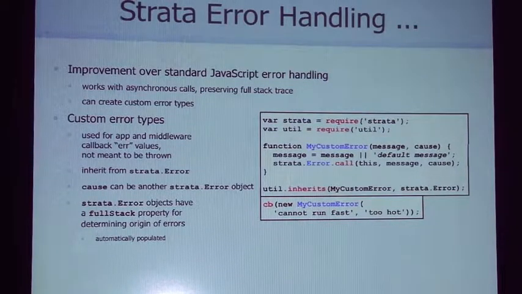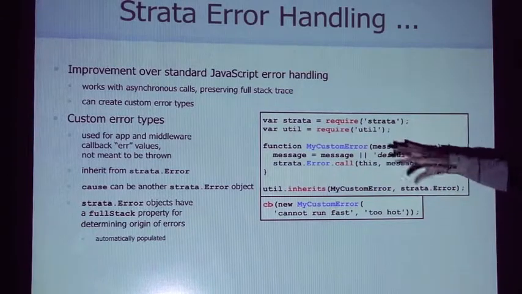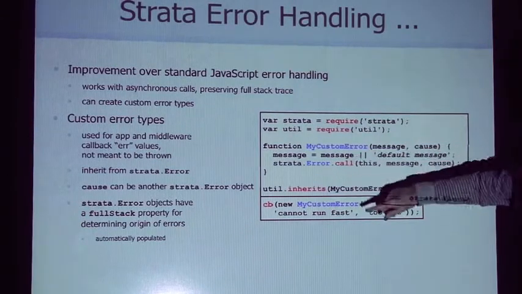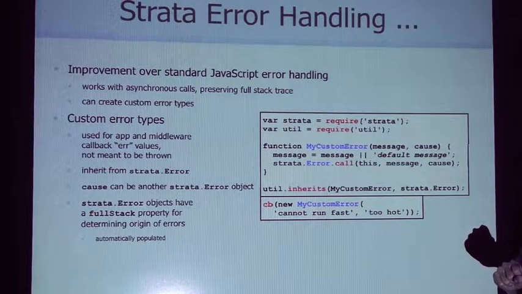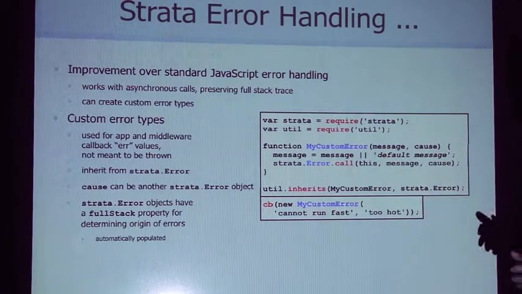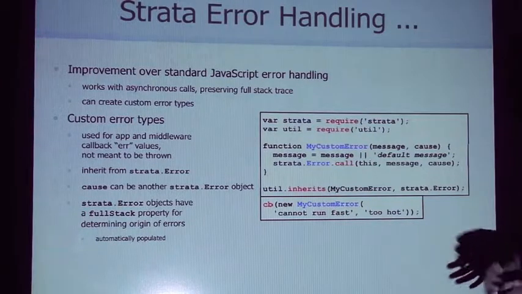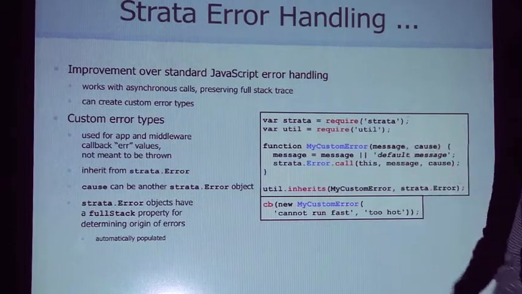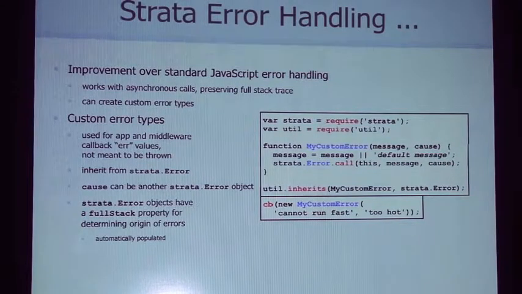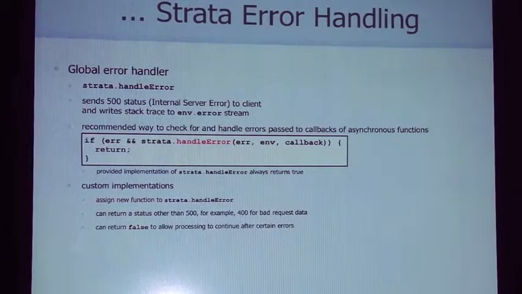If you report an error using this approach where you are making a class that inherits from Strata.error, then it'll hold on to the stack for you and you get more information when there is an error. So this slide is focusing on creating custom error handling classes, and that's fine, but you can also use this thing called the global error handler.